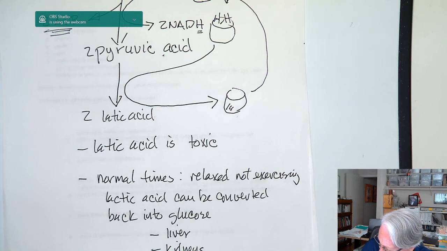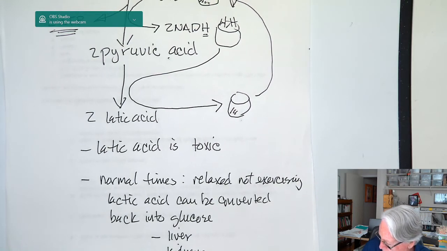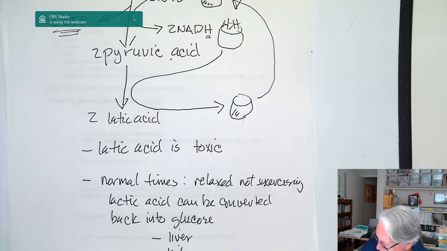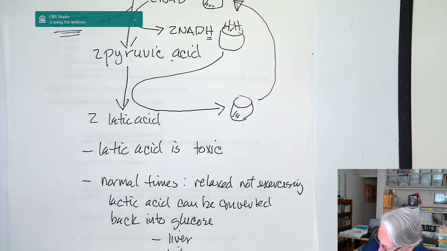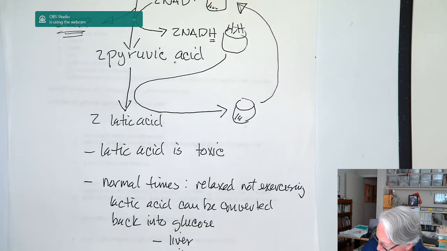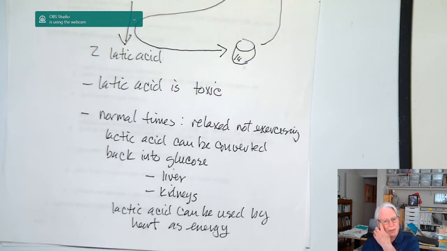Lactic acid can be used by the heart as an energy source. So the heart muscles, cardiac muscle tissue can actually use this as an energy source. So it can burn it up and create energy from it.